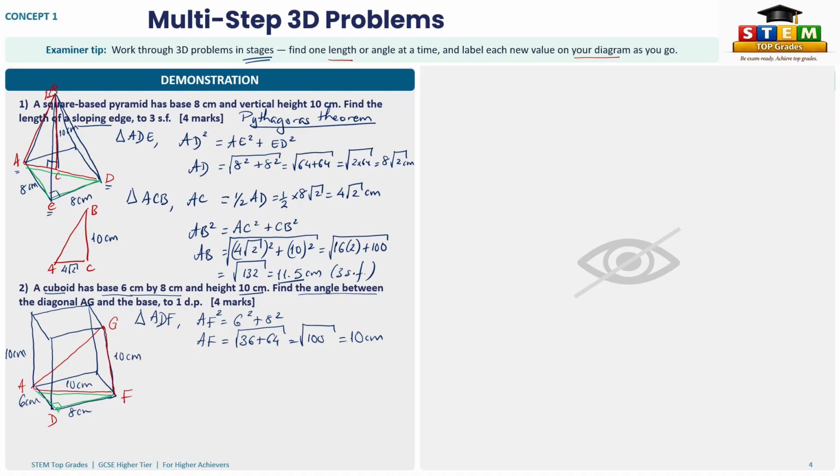Now, on to our second triangle, because at this point we want to find the angle between the diagonal and the base, let's call that theta. That will involve triangle AGF, and because this is SOHCAHTOA, you're going to see that tan theta is equal to opposite over adjacent, which is GF over AD.